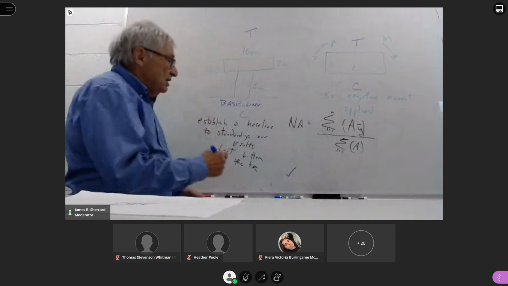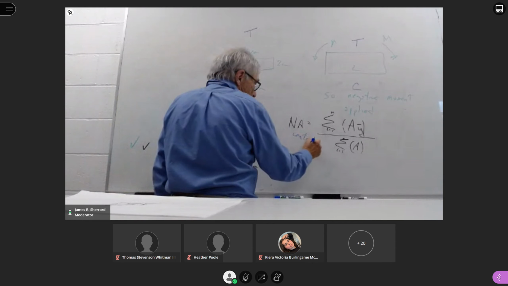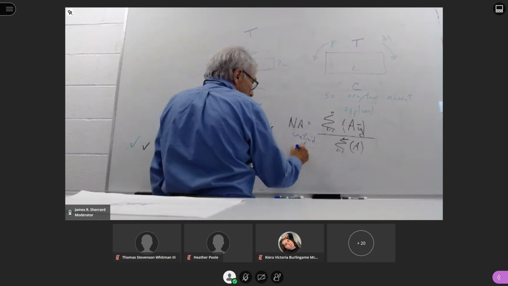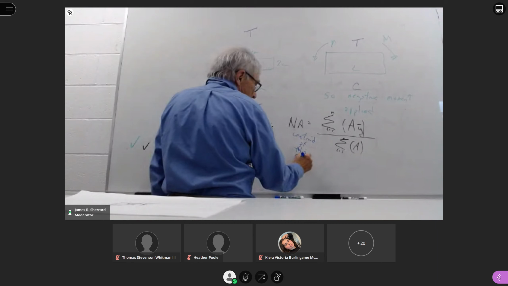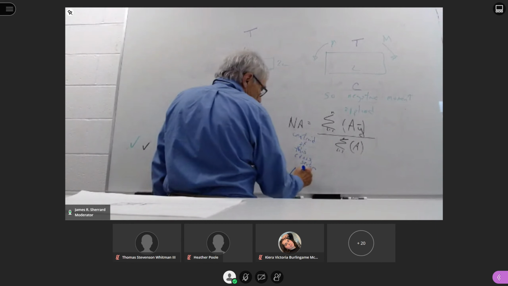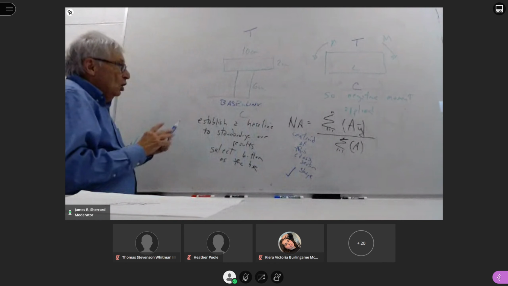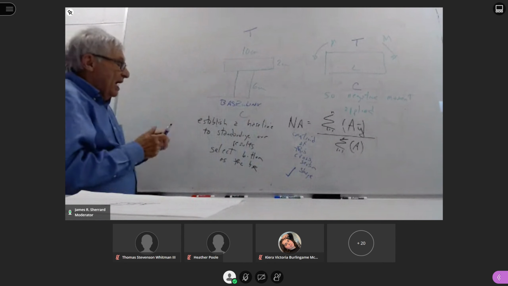And then what that does is it finds the centroid of this cross-section shape.